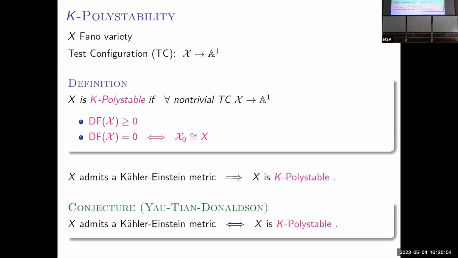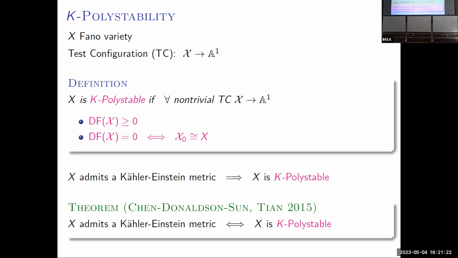And it was conjectured by Yau and Donaldson that this would actually be an algebraic characterization of existence of Kähler-Einstein metrics. And now, as I said, this is a theorem. So we know that X admits a Kähler-Einstein metric if and only if it is K-polystable.